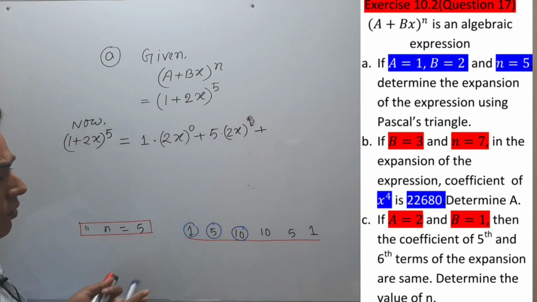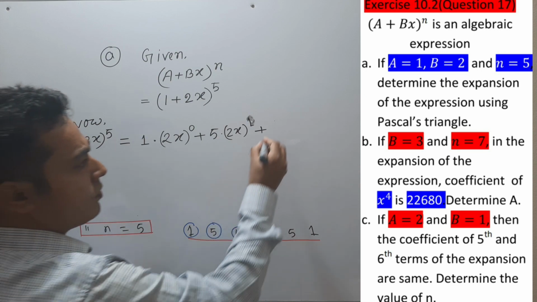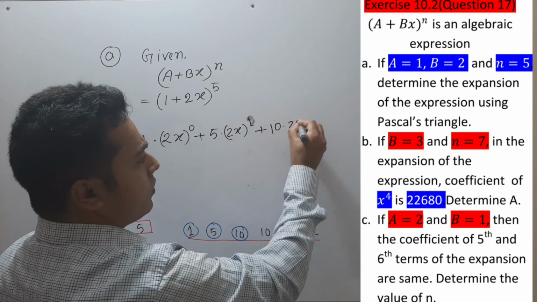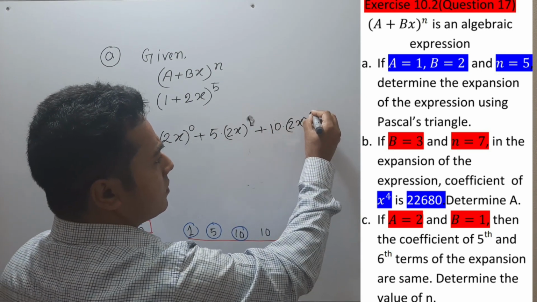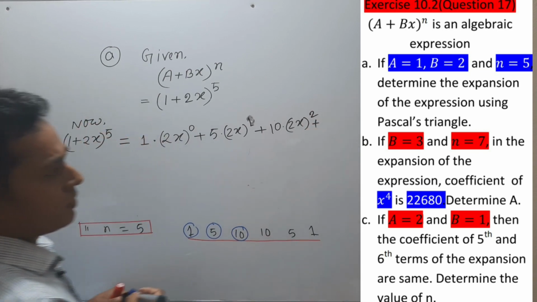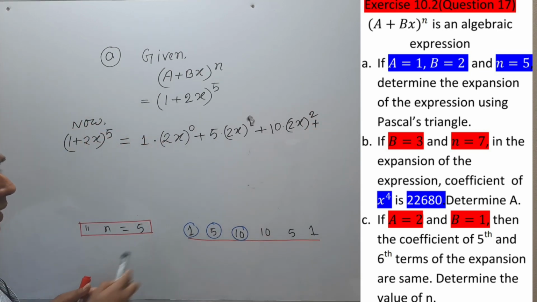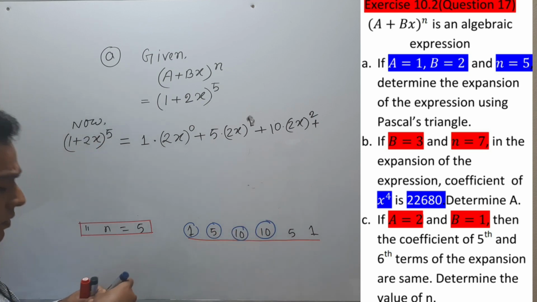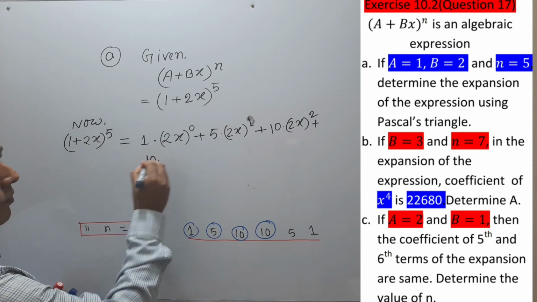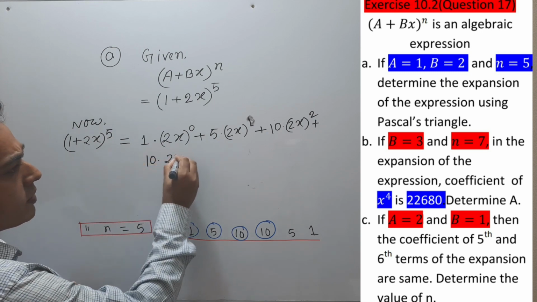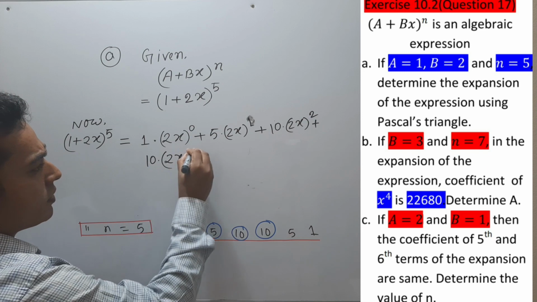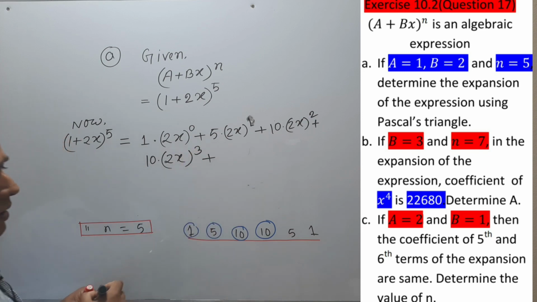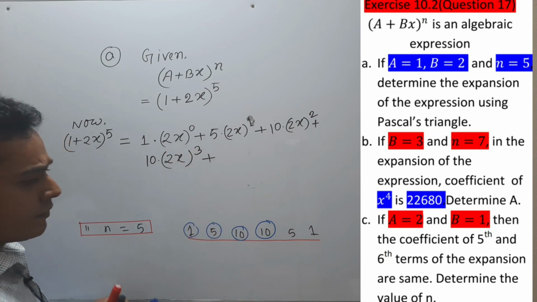Okay, now 10 into (2x)^2, plus, okay, then next coefficient is also 10, so 10 into (2x)^3. Okay, then next coefficient is 5.